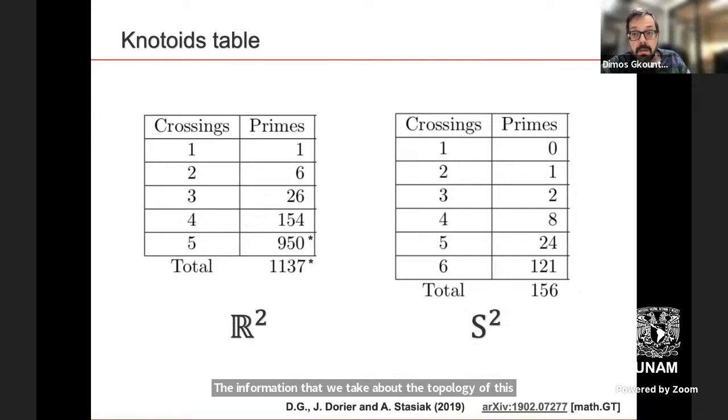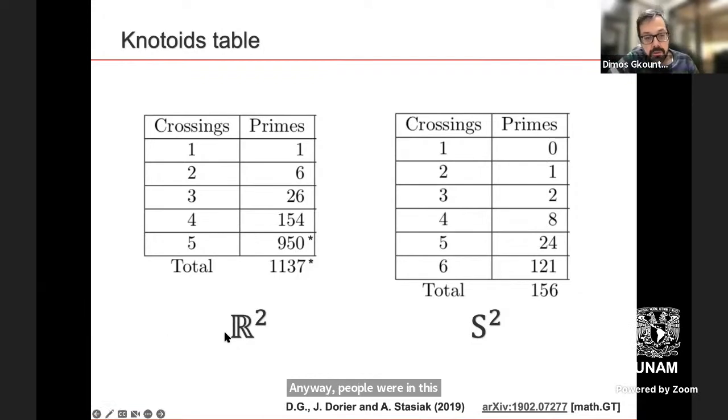And this is why they became so useful, and people used them a lot in biology because they showed a lot of variability inside the protein, how the protein is folded. Anyway, people were interested in this variability that we were getting out of that. Now, you notice here that I have an asterisk.